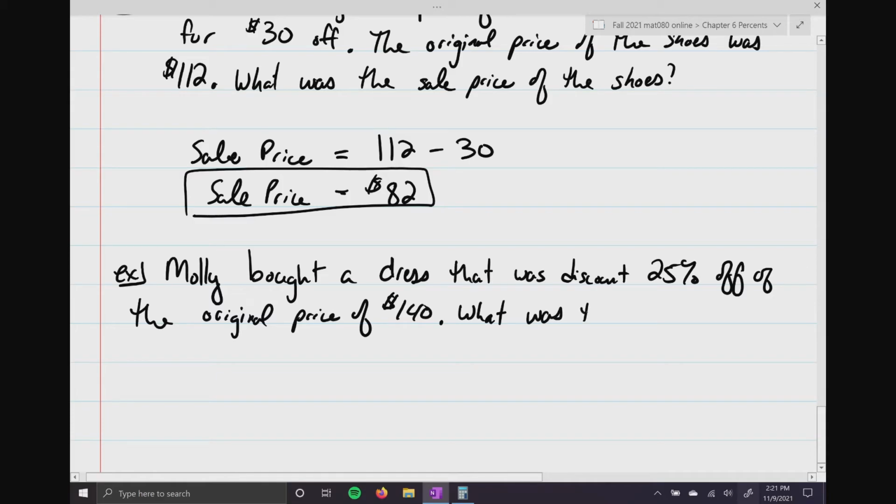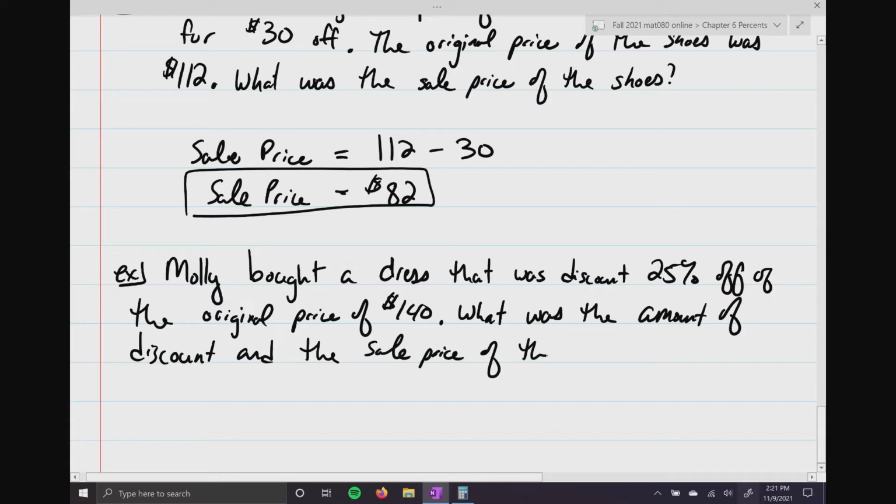What was the amount of discount and the sale price of the dress? Okay?